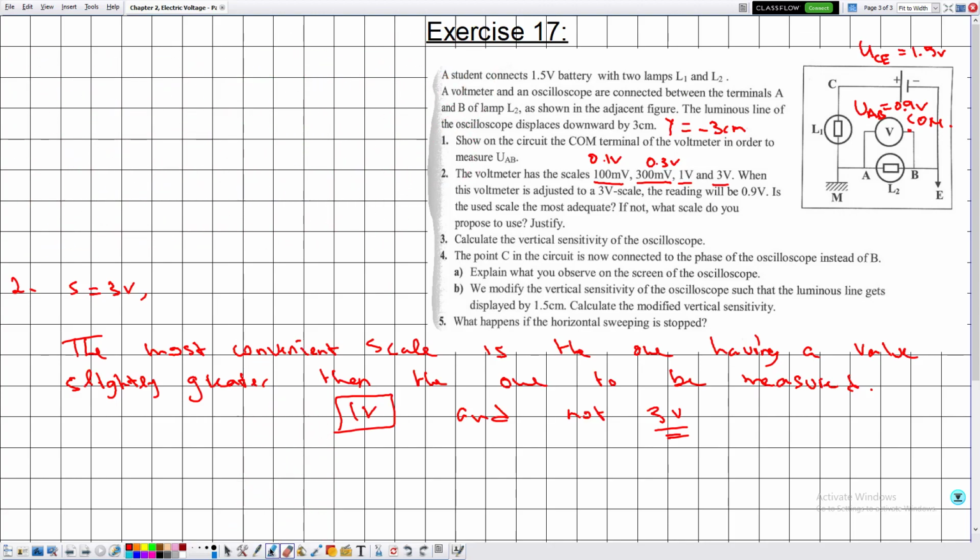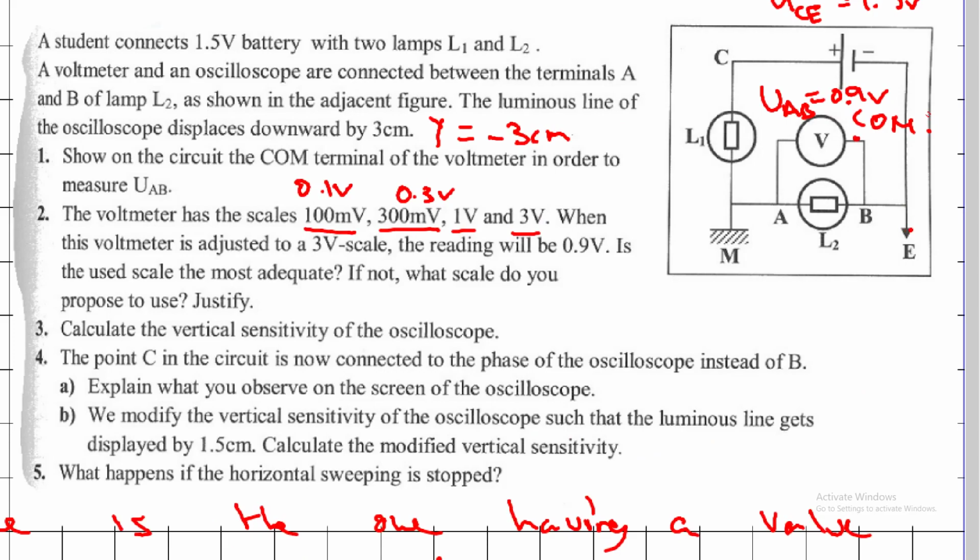Now in number 3 they are telling me to calculate the vertical sensitivity of the oscilloscope, and this can be done by U is equal to SV multiplied by Y, but here first we need to refer to the voltage measured by the oscilloscope. So the oscilloscope is measuring UBA.